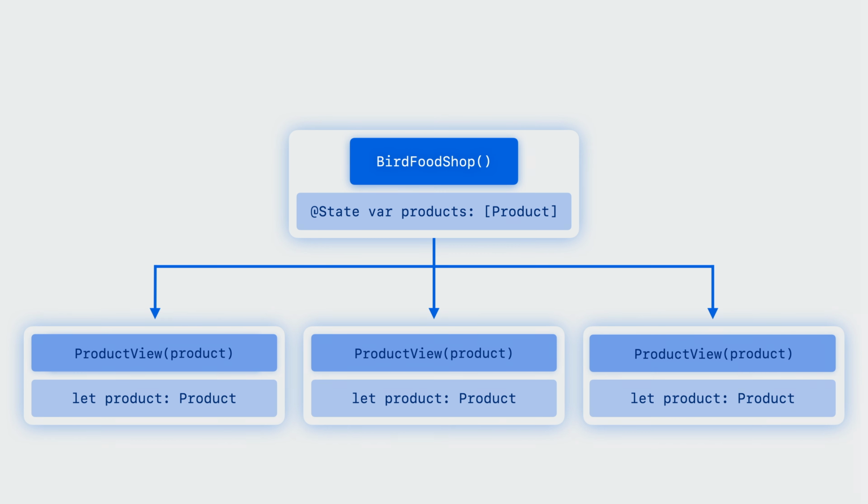Once the parent bird food shop is managing the state of the products, it's free to change its appearance while the data is loading, and then create product view instances using the preloaded product values instead of their IDs. We've only covered creating product views by product ID so far, but it's important to note you can pass a product value that you've already loaded to a product view. This causes the product view to skip loading and just lay out the merchandising view directly.